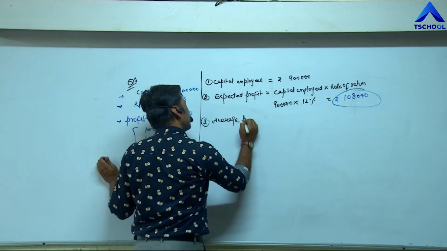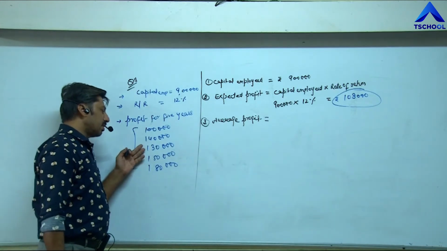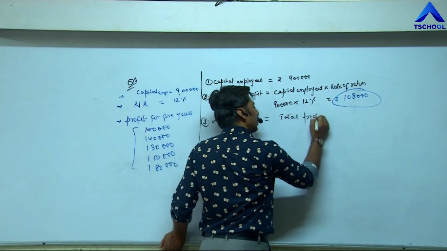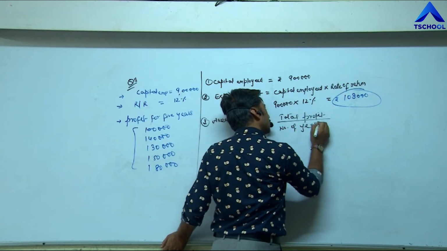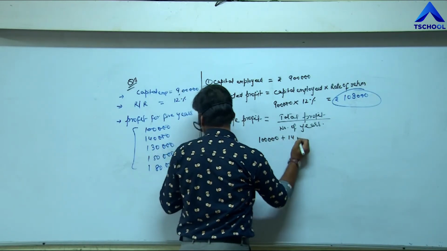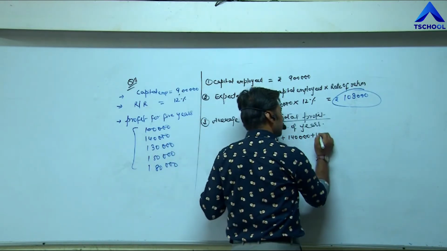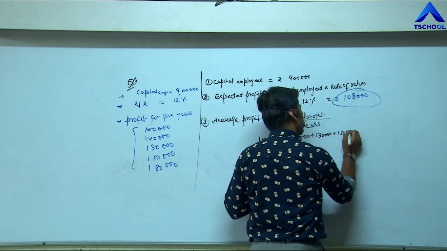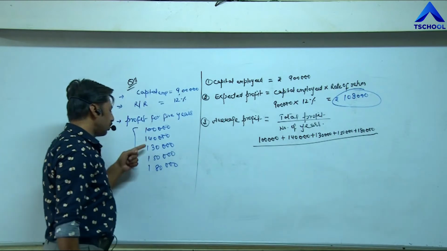Third, average profit. Here we have to apply the simple formula because a fluctuating trend is given. So total profit upon number of years. Total profit: 1 lakh plus 1 lakh 40,000 plus 1 lakh 30,000 plus 1 lakh 50,000 plus 1 lakh 80,000, divided by number of years 1, 2, 3, 4, 5.